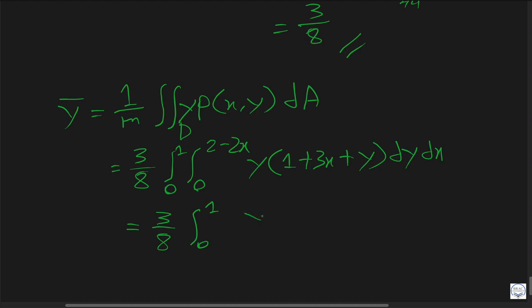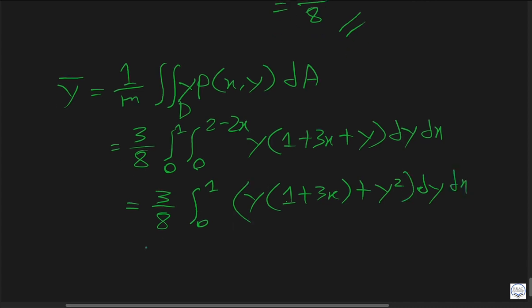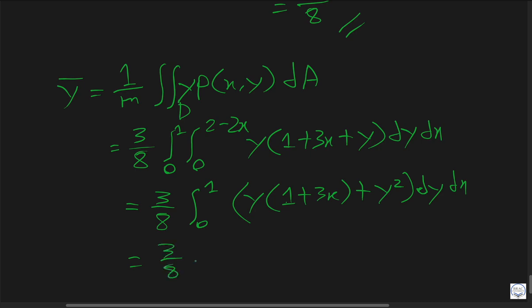This is y plus 3xy. Okay, let's just keep the y terms together. So we got y times 1 plus 3x plus y squared dy times dx. We have to multiply this with 3 over 8, 0 to 1.